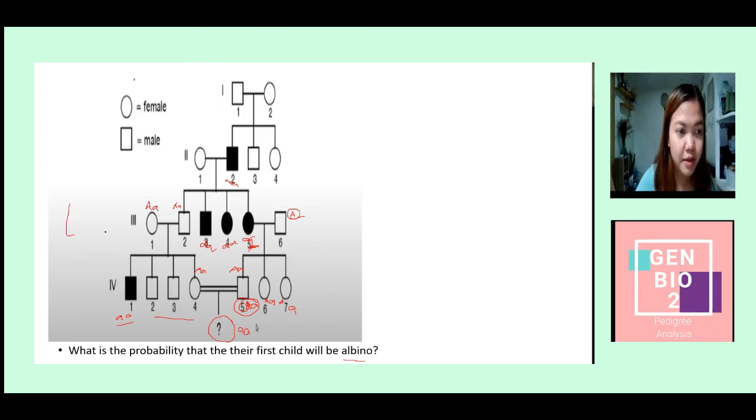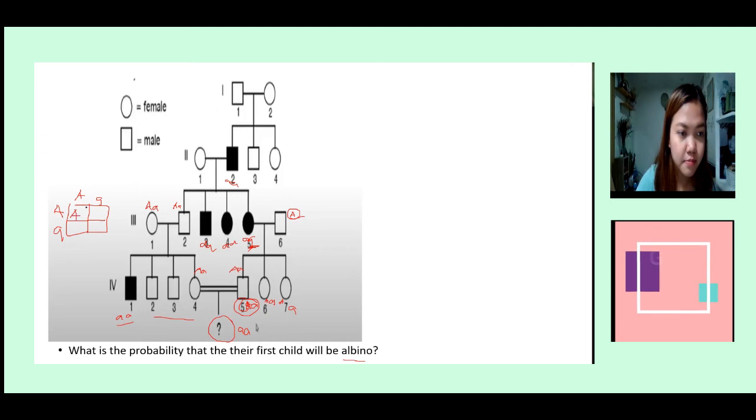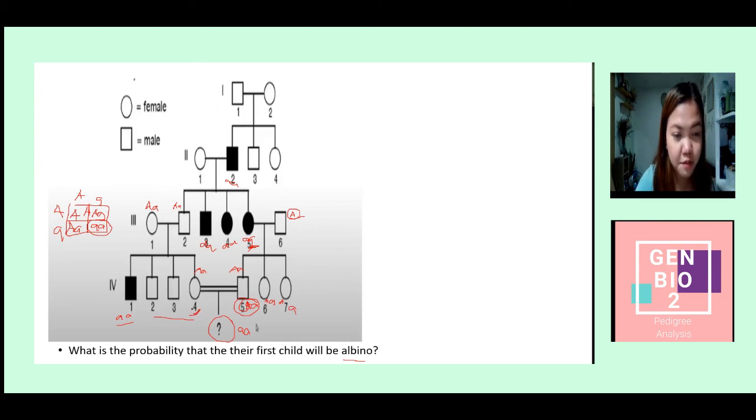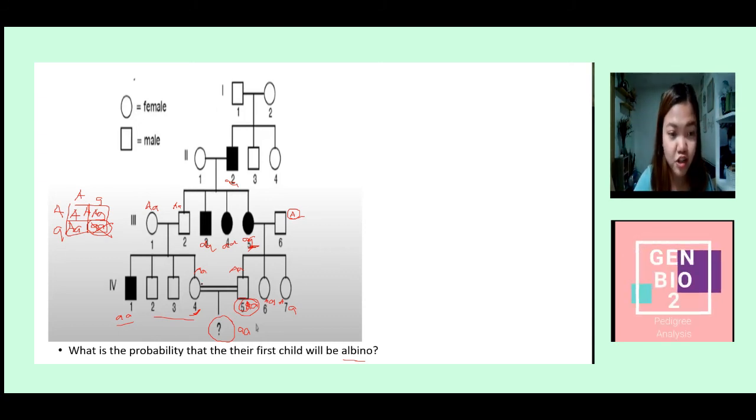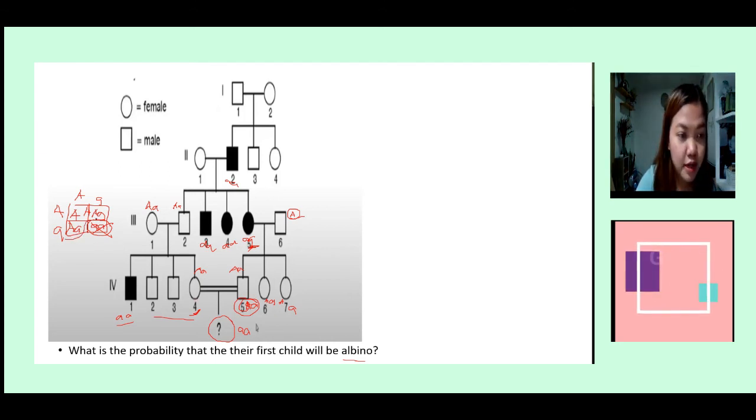Pero the question would be, kung pinag-Punnett square natin, itong AA na to, itong number 4, bawal na yan. Kasi pag naging aa siya, dapat affected siya. Pero since hindi siya affected, that will leave 2/3 na lang.